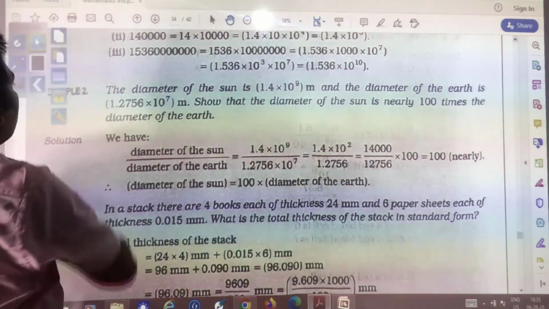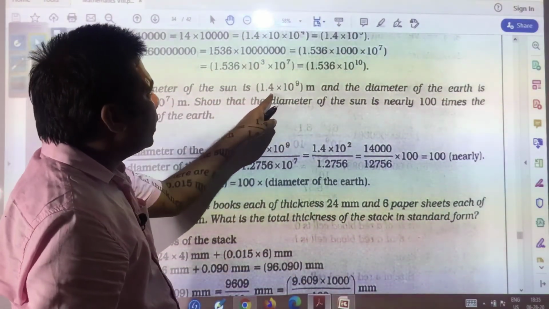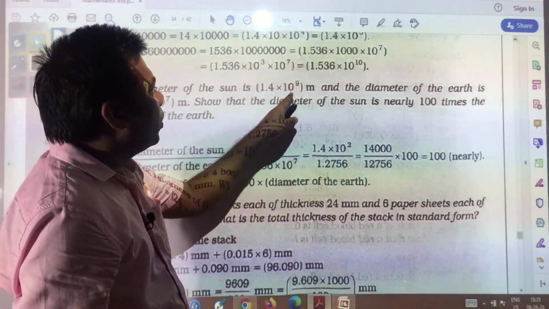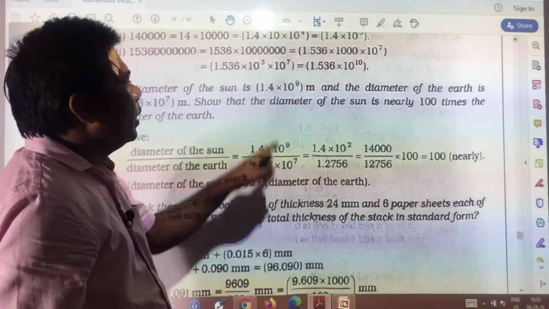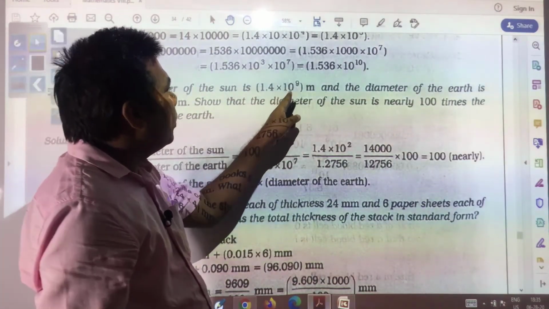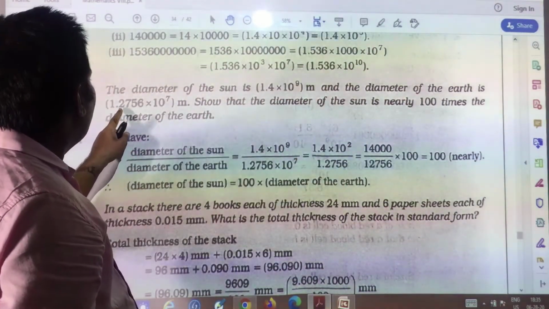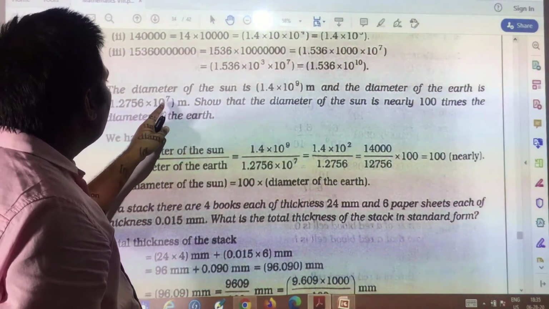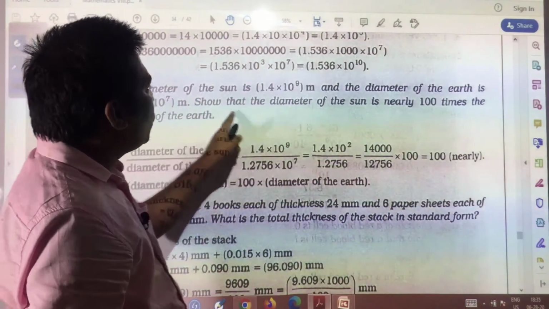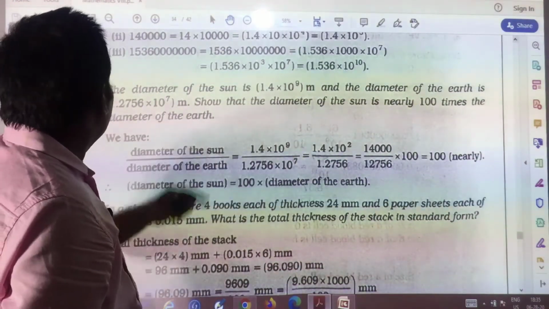Next you have one example: the diameter of the sun is 1.4 into 10 to the power 9 meter and the diameter of the earth is 1.2756 into 10 to the power 7 meter. Show that the diameter of the sun is nearly 100 times the diameter of the earth.